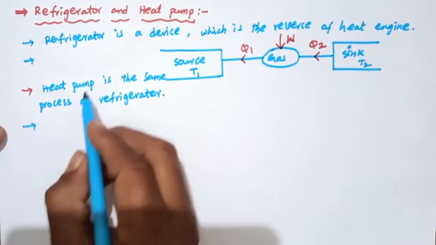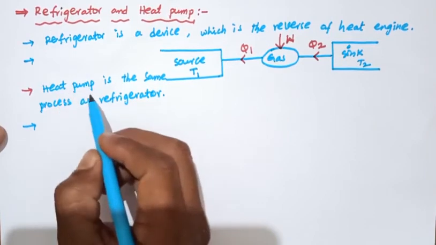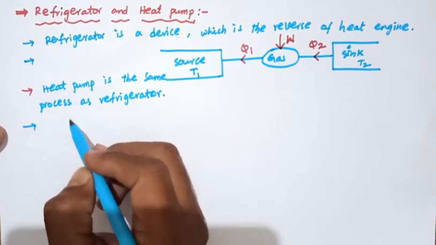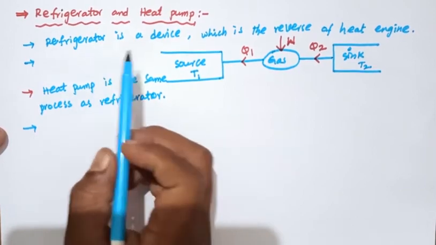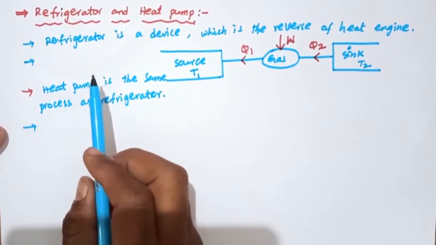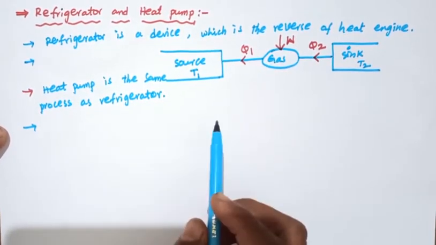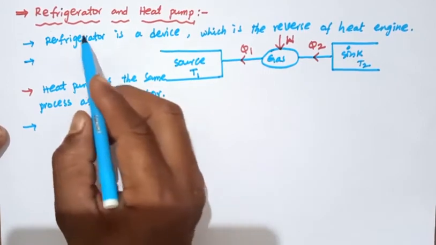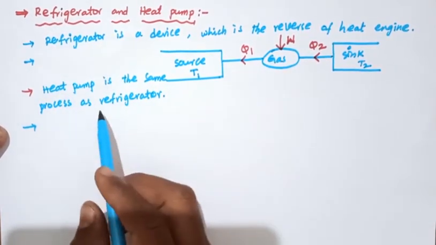The heat pump is used to heat up a portion of space, pumping heat into it. Naturally heat is transferred from high temperature to low temperature, but a certain portion is heated with the use of a heat pump.